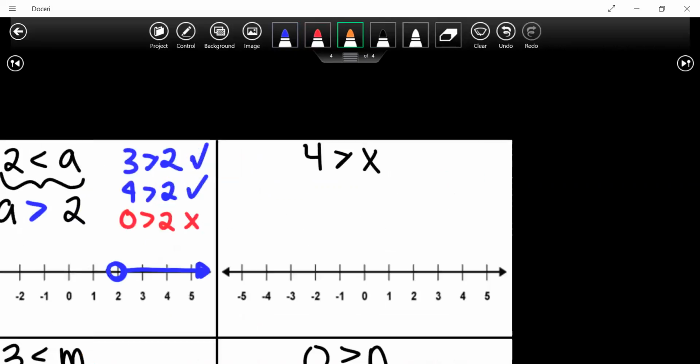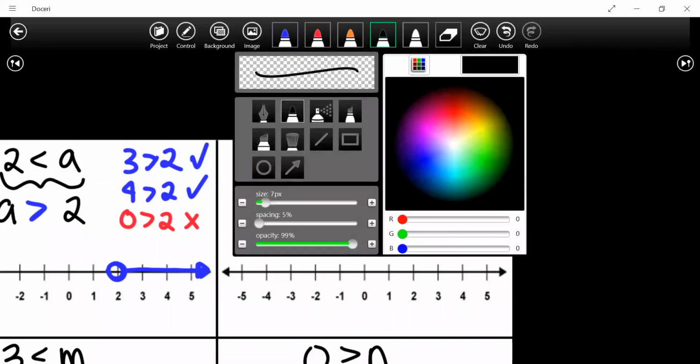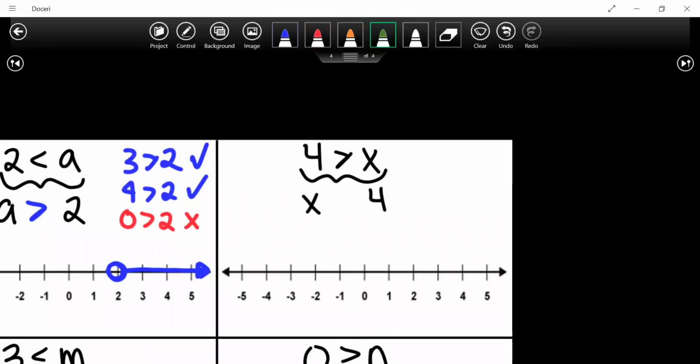The one up above, let's look at that. X is greater than 4. How do I switch them? And 4. What will the arrow point now? Left. Our arrow will now point left, like that. And we can now graph it so it looks nicer.